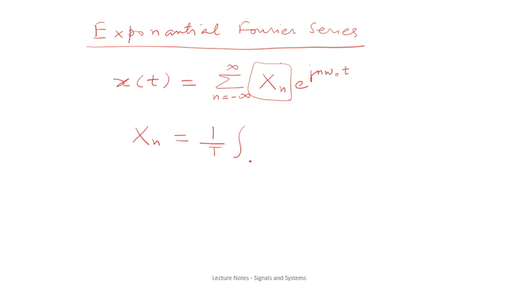This Xn is calculated by using this integral equation: 1 by T, integral 0 to T, x(t) e raised to the power minus jn omega naught t dt.